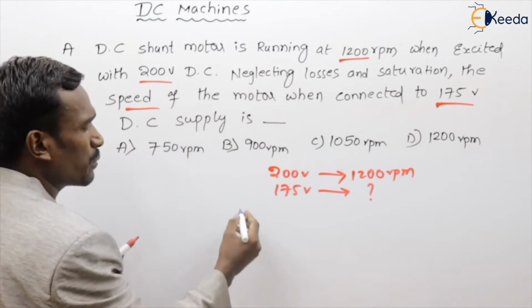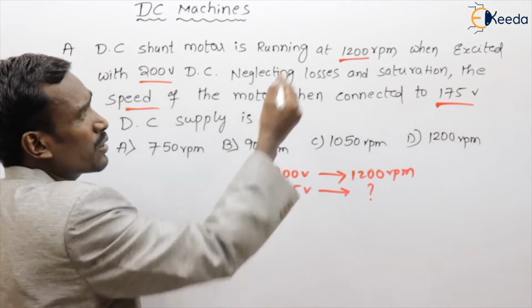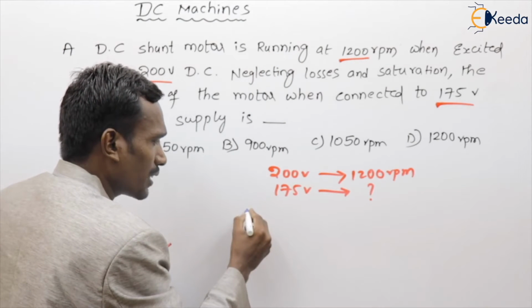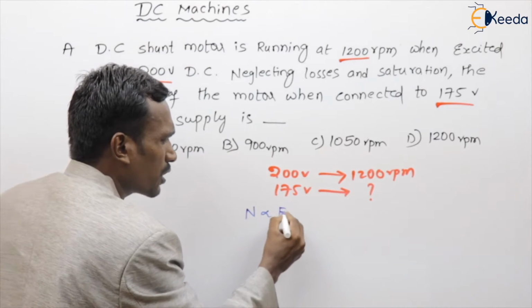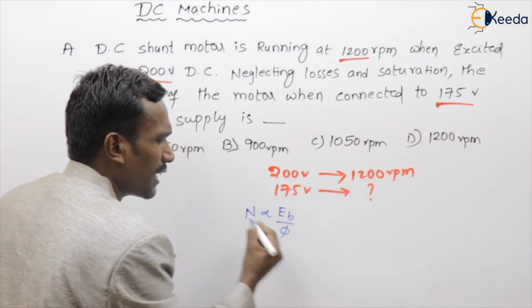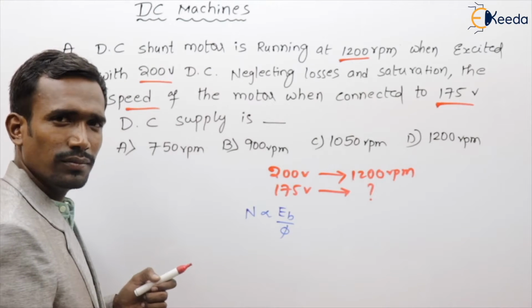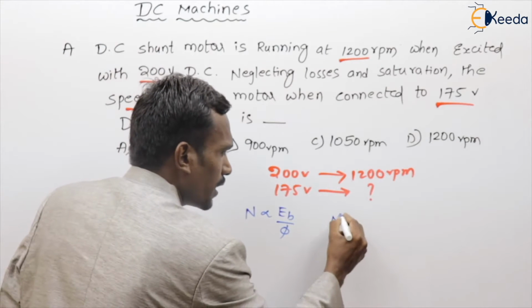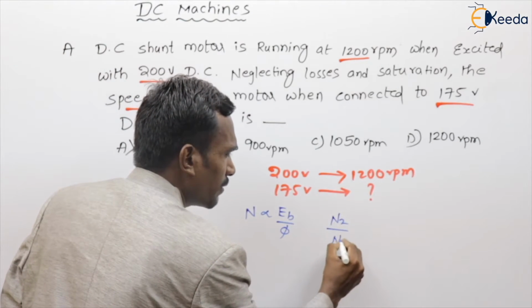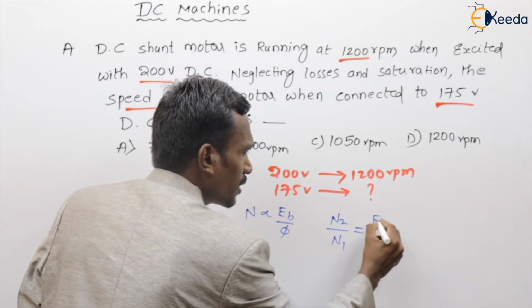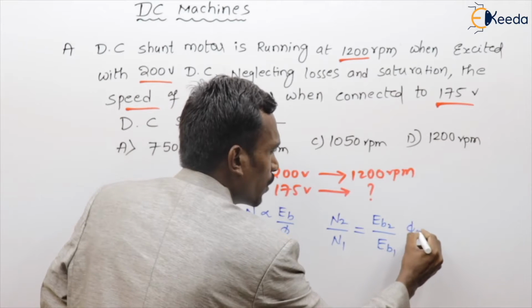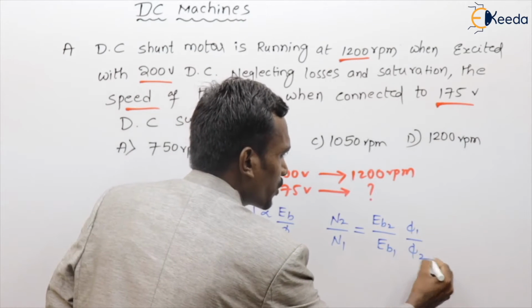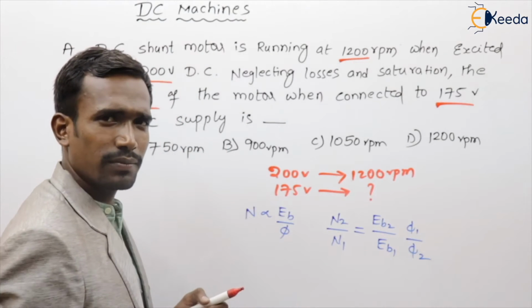Generally in a DC shunt motor, the speed is directly proportional to EB by phi. Nothing but N2 by N1 is equal to EB2 by EB1 into phi1 by phi2, because flux is inversely proportional.